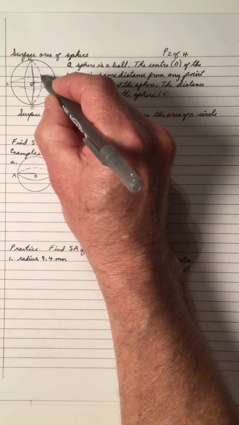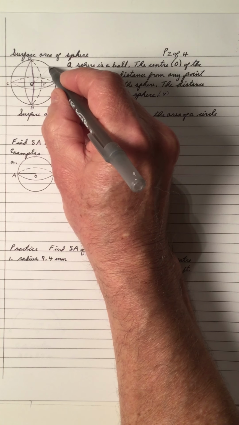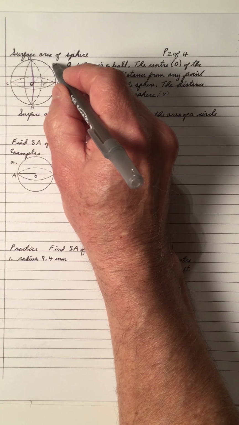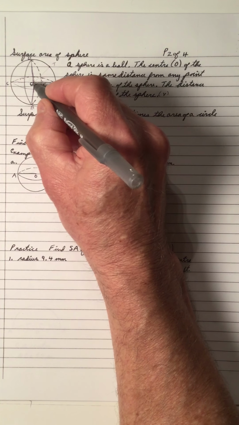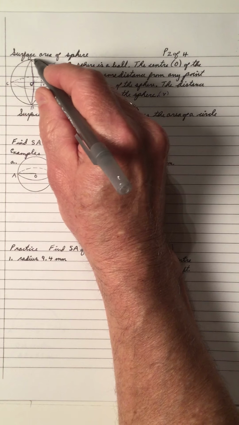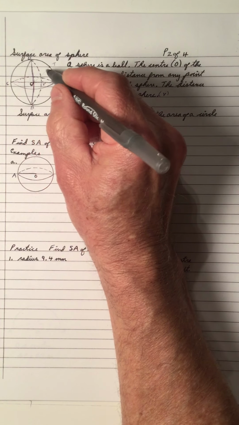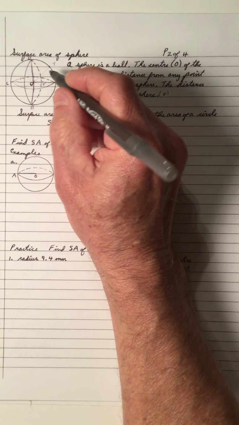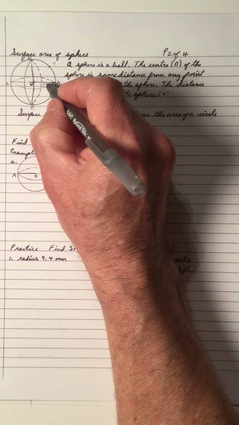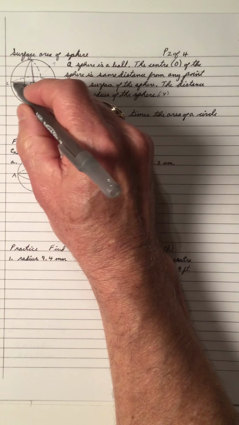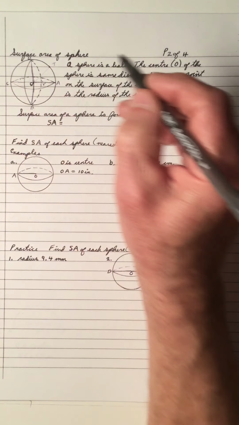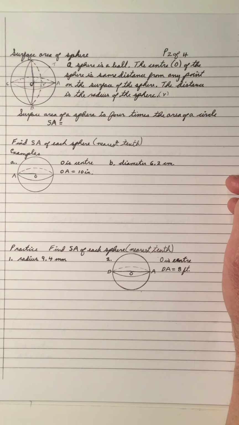So you can look at any point out here, and if that point is right there, we call it whatever you want to call it, T, then all these distances from the center to any point on the surface of the sphere is the radius, and they're equal. And the diameter is the distance from one side to the other, joining up the two radii in a straight line. And let's move on.